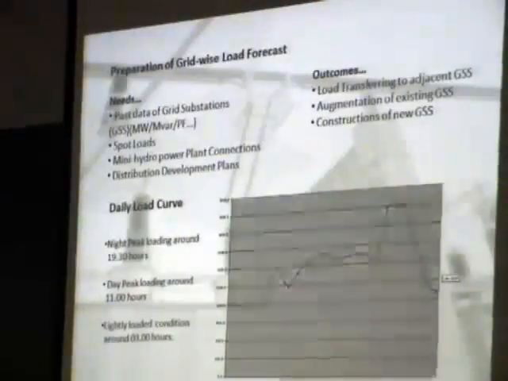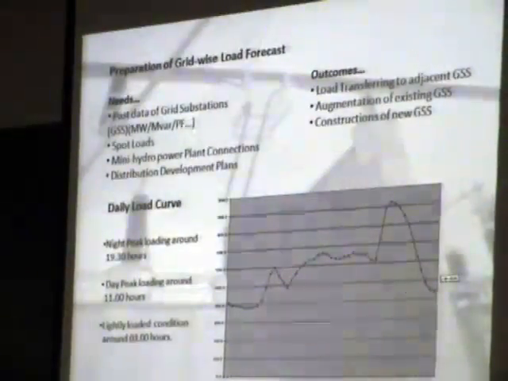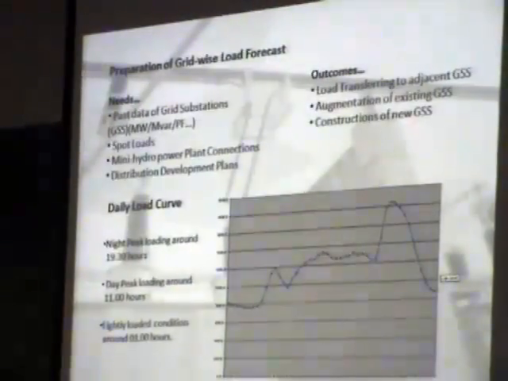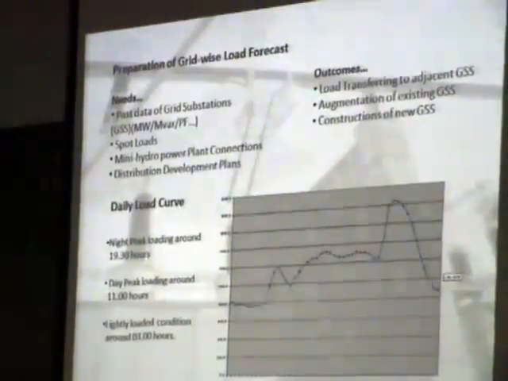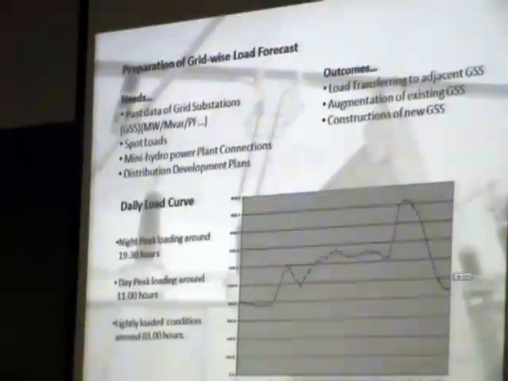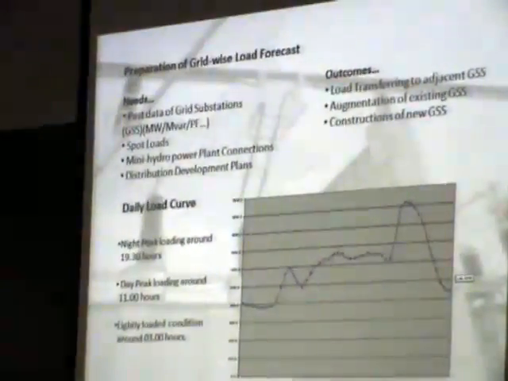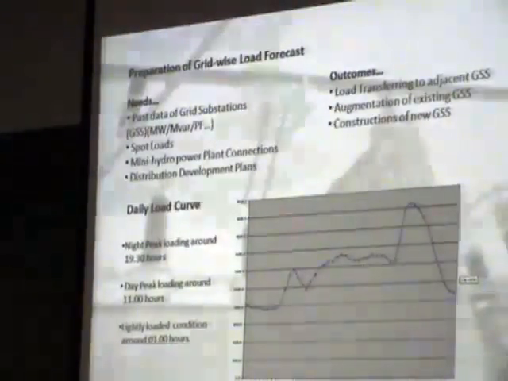We have 4 distribution regions, and all of them prepare a distribution plan, the same as our transmission plan. They have some proposals for new grid substations.